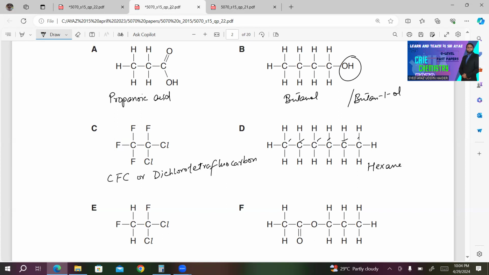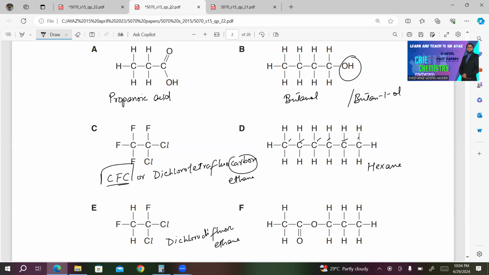E. What is E? E is dichloroethane. This one is also ethane, usually known as CFC.